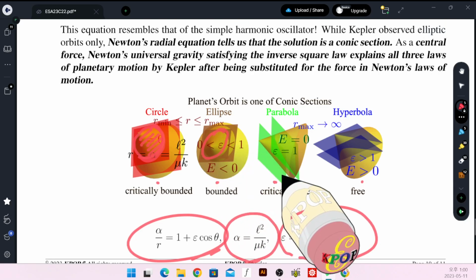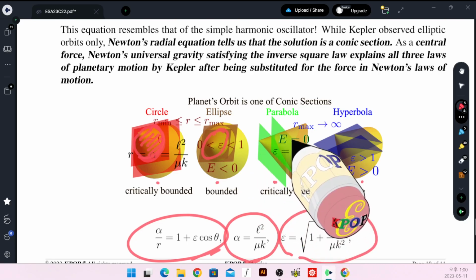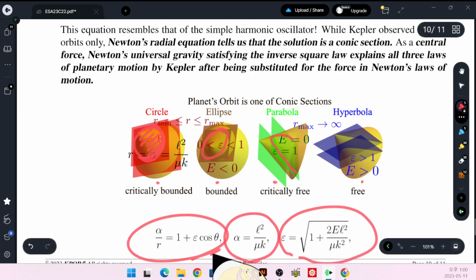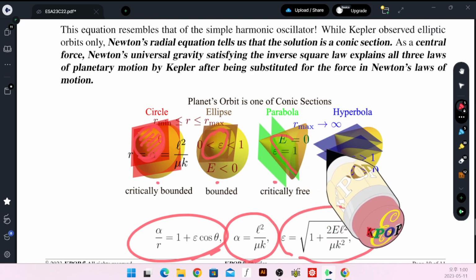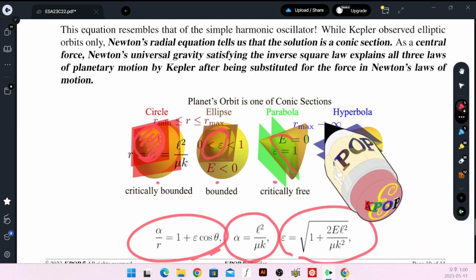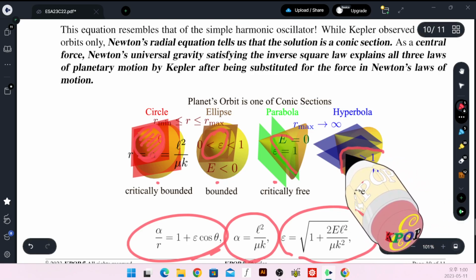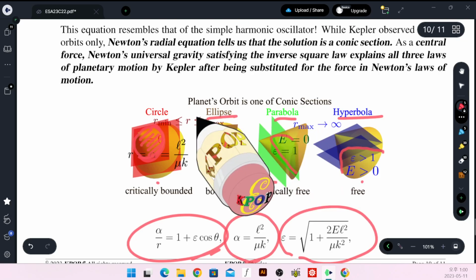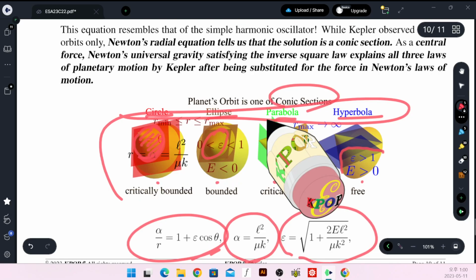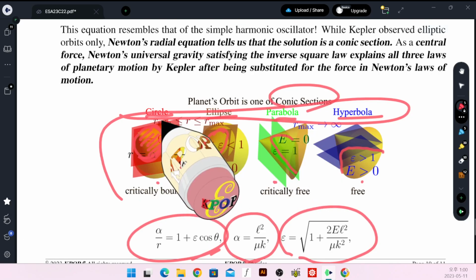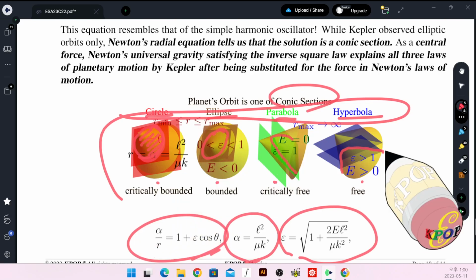And if you increase the angle to make it parallel to the slope, then you will find a parabola. And then you can make a steeper one, just like the vertical direction. Then you will find an orbit that is a hyperbola. So all of these are called conic sections, the possible cross sections of a cone.